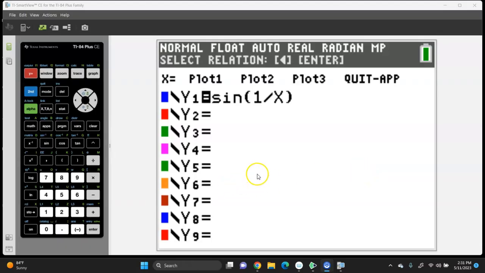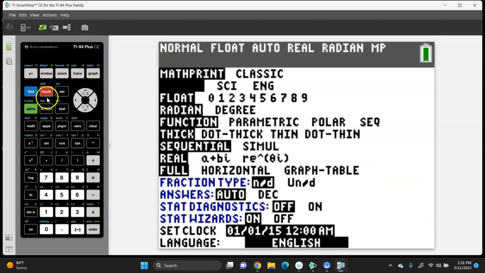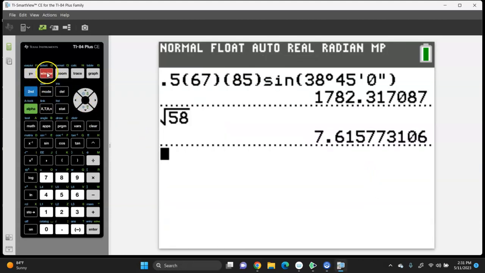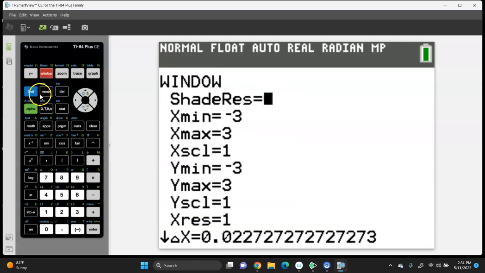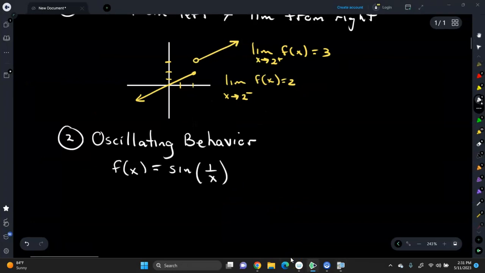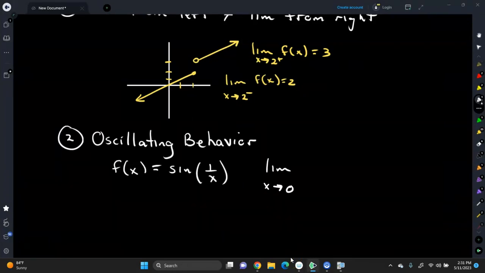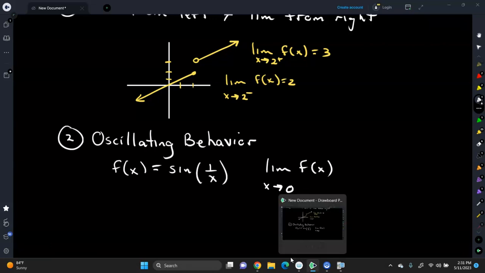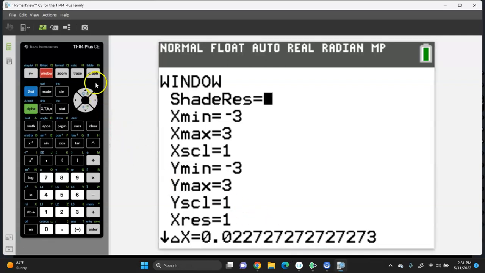I have it on the calculator, sine of 1 over x, and I made sure that I'm in radian mode. And I made my window relatively small just so we can inspect it. What I want to do is look at the limit as x approaches 0 of this function. So let's see what's going on as x approaches 0.